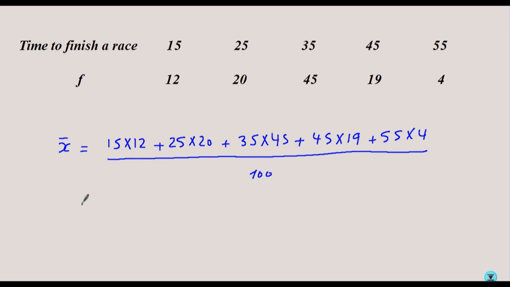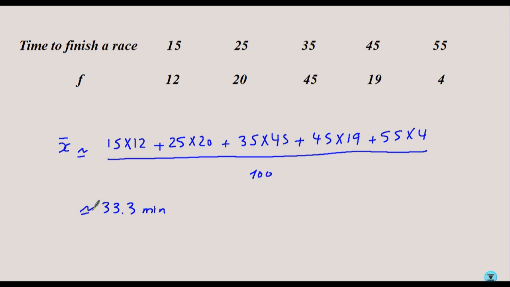And this gives me 33.3 minutes. Now, since this is an estimate of the mean, because we really are making an assumption about this 15, it is much better to say that the mean is approximately equal to rather than equal to.